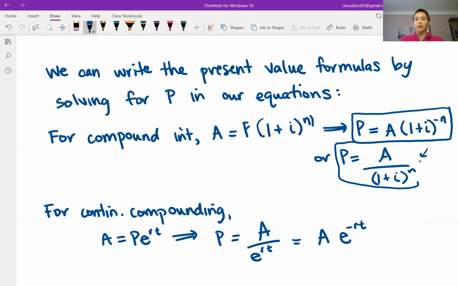These two things are exactly the same. Okay, so that's for compounding interest.